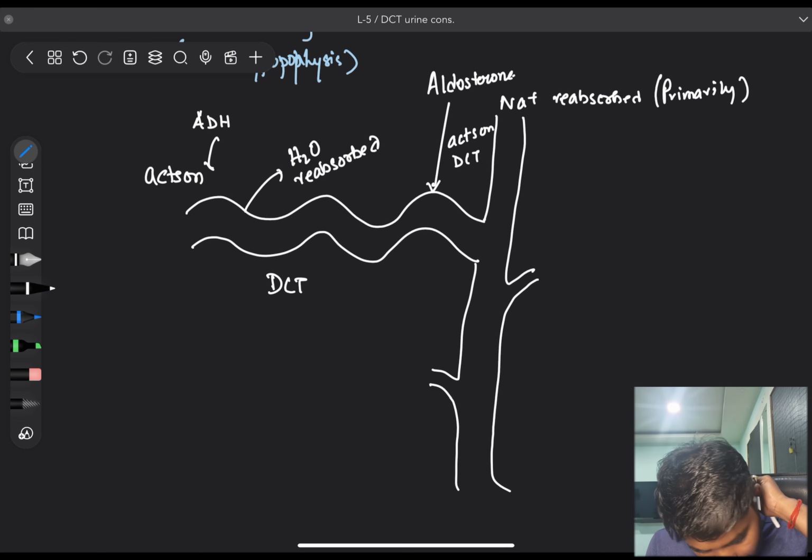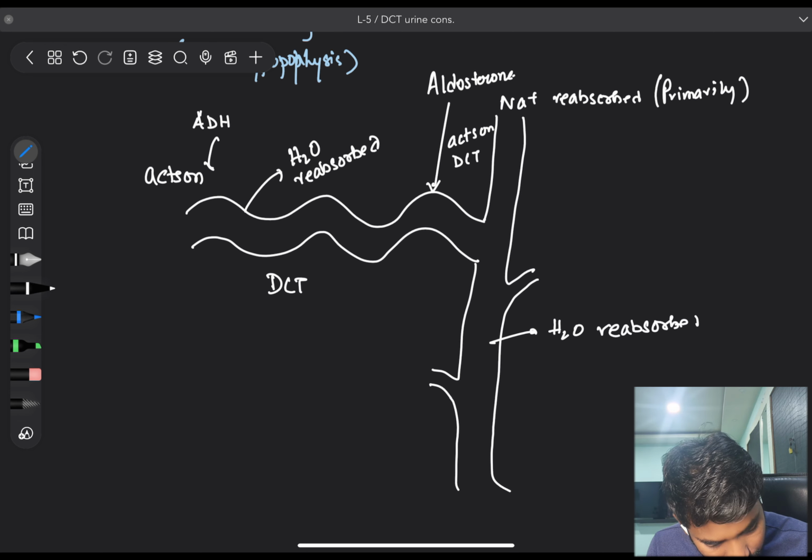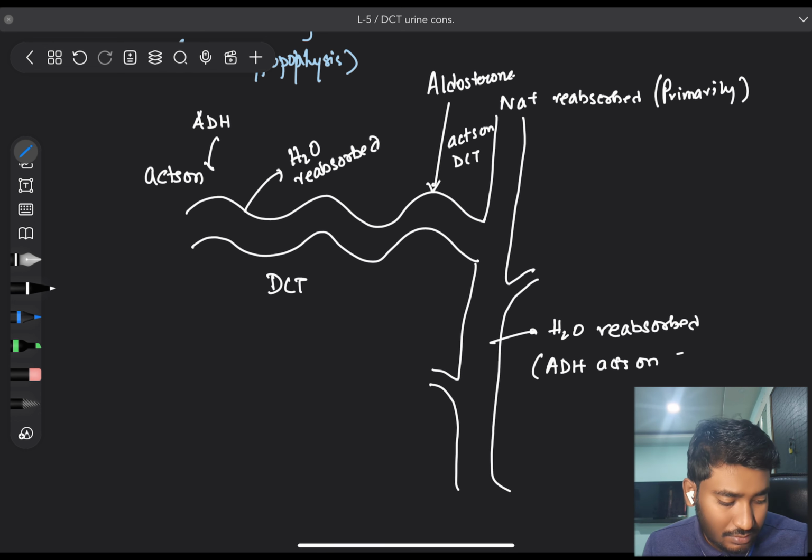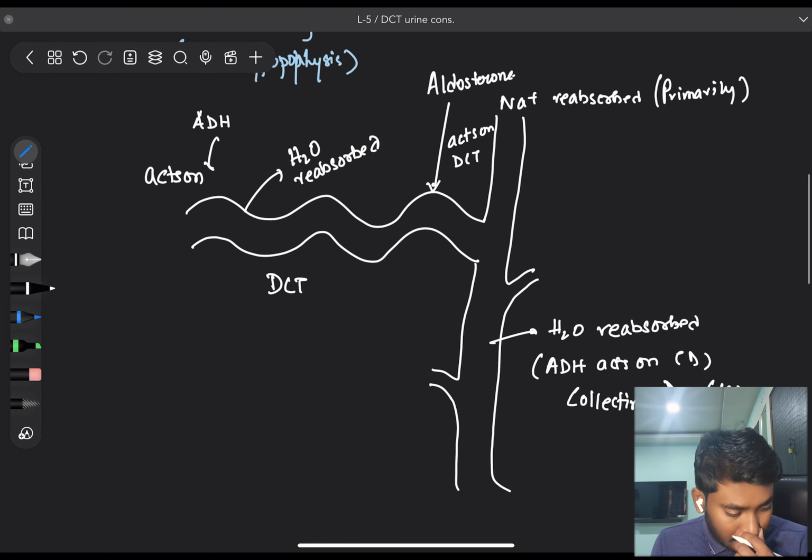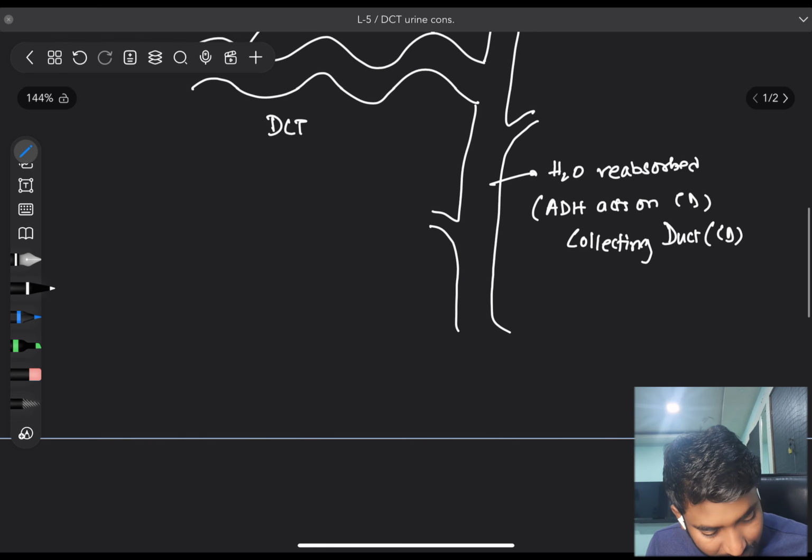Okay, now here H2O is reabsorbed, ADH acts on CD, that is the collecting duct. It is CD. Okay, ADH acts on the collecting duct.